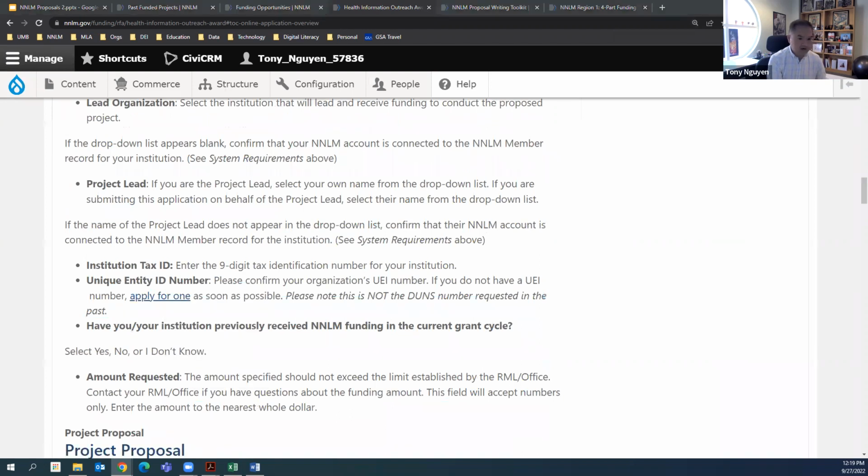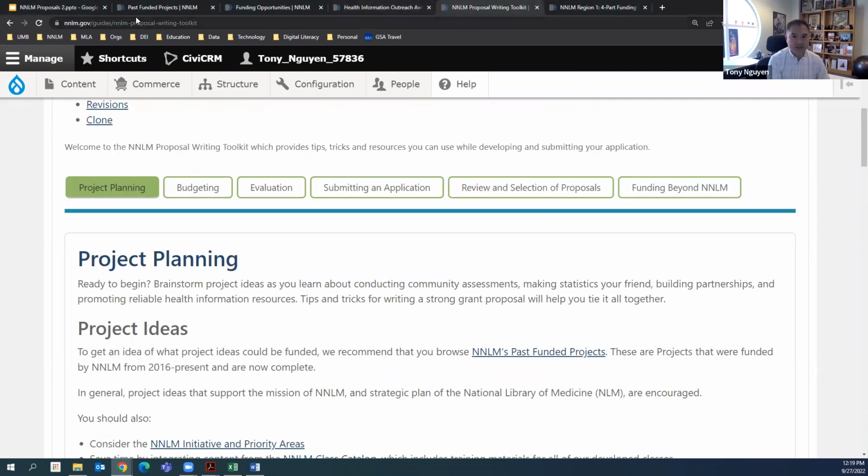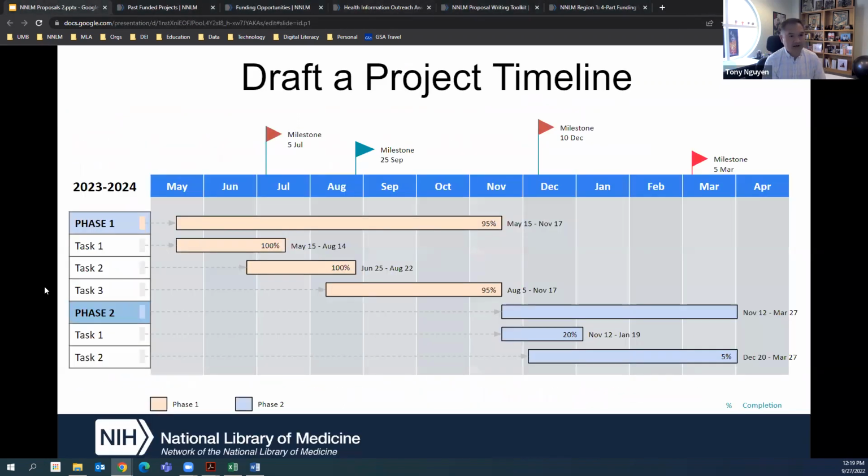If you are at an academic institution, you can probably check with your sponsored programs office about your unique entity ID. But if you are a community-based organization, you might need to apply for one as soon as possible. So just as an FYI, that is something that you'll need to be prepared for. Sorry about that. I almost forgot to include that, Nancy. That's important, yeah.